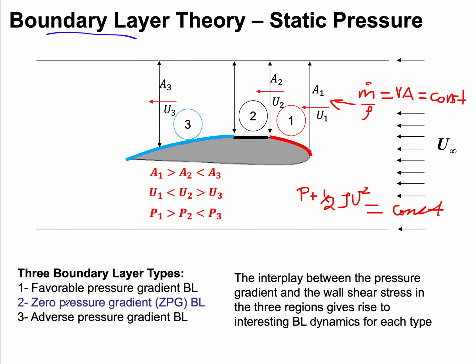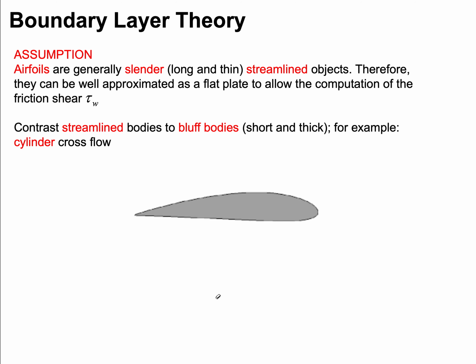We're only going to focus on the ZPG, the zero pressure gradient boundary layer, where, as an introductory part, I take the effect of the pressure out of the equation. So I'm only going forward by momentum, and that makes life a little less complicated than including the pressure gradient effect. So from now on, we're dealing with a zero pressure gradient boundary layer.